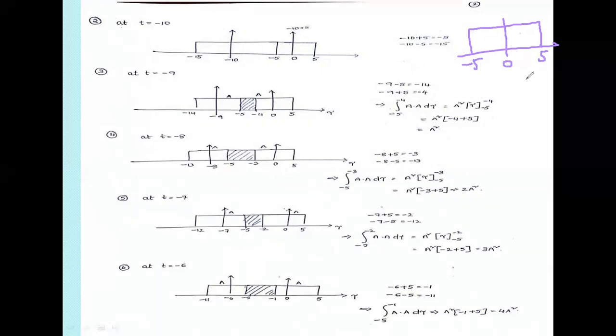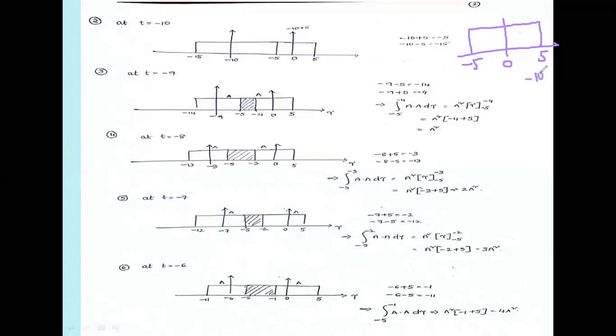At t equal to minus 10, the points are minus 10 plus 5 and minus 10 minus 5, which become minus 15 and minus 5. Both are negative values. So see, the change is here.